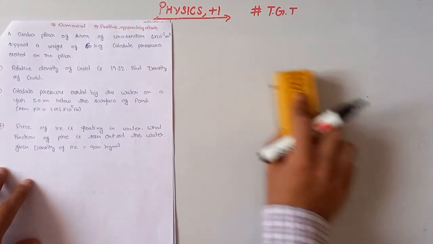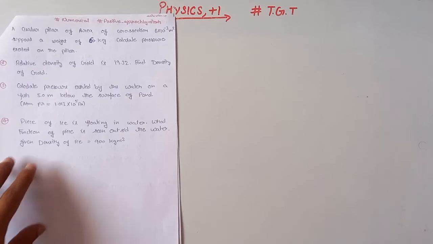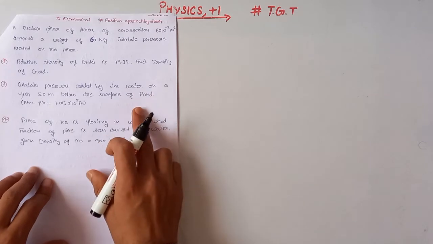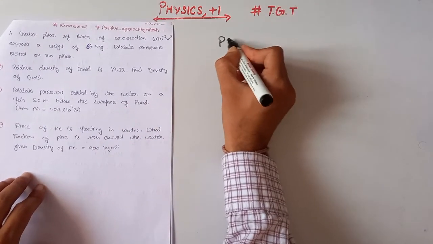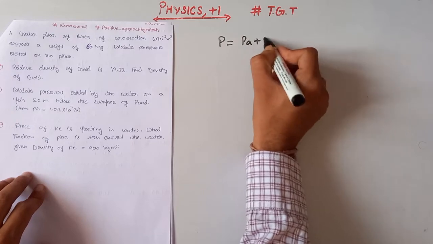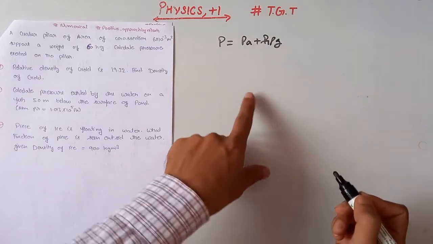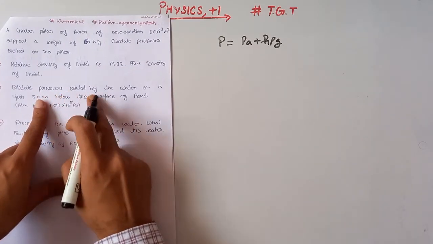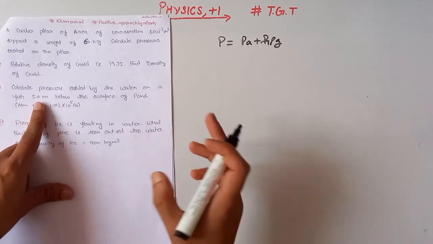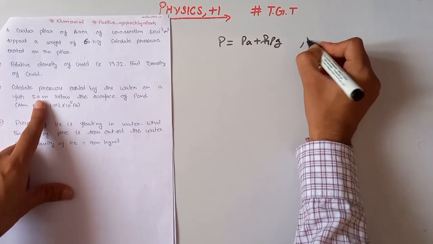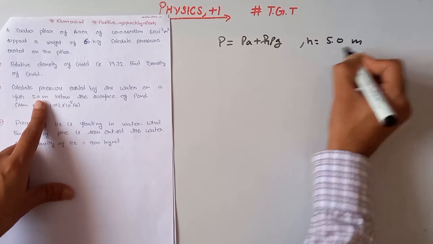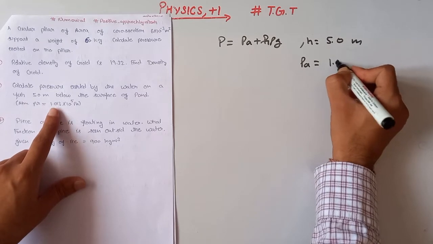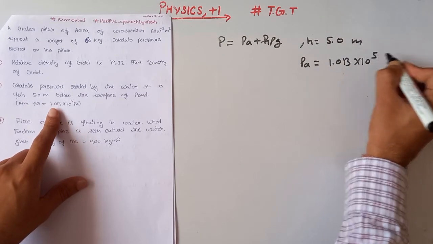Our third numerical: calculate the pressure exerted by water on a fish 5 meters below the surface of the pond. We know the formula P is equal to Pa plus h rho g, which we discussed earlier. Given that h is 5.0 meters and the atmospheric pressure at sea level, Pa, is equal to 1.013 into 10 raised to power 5 Pascal.